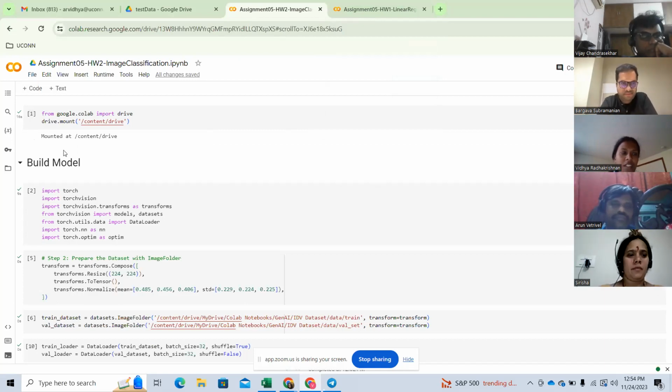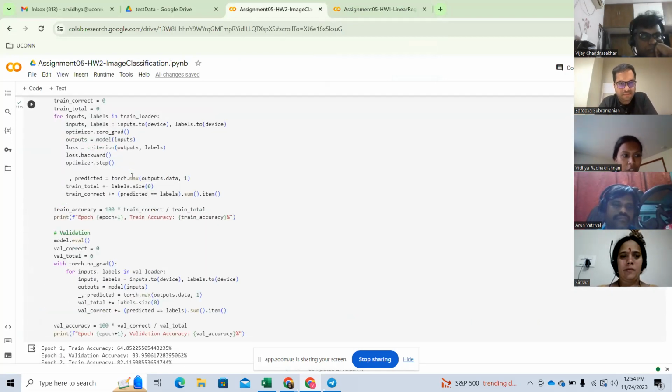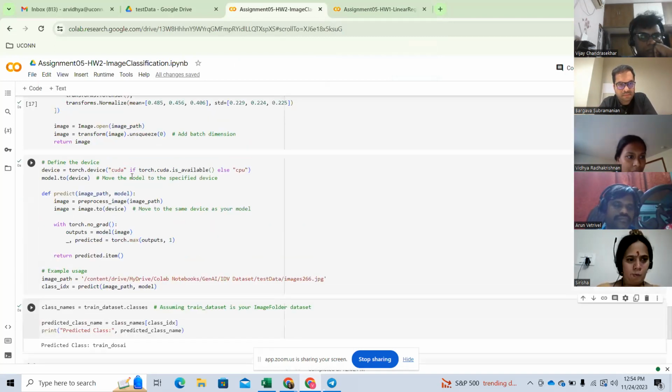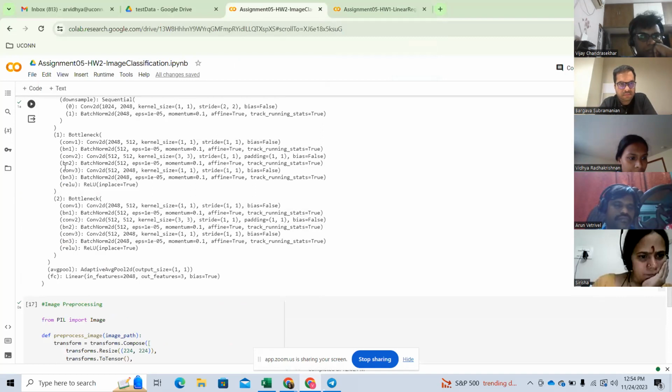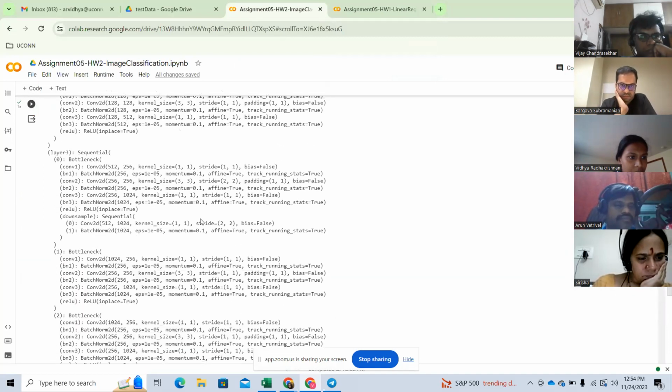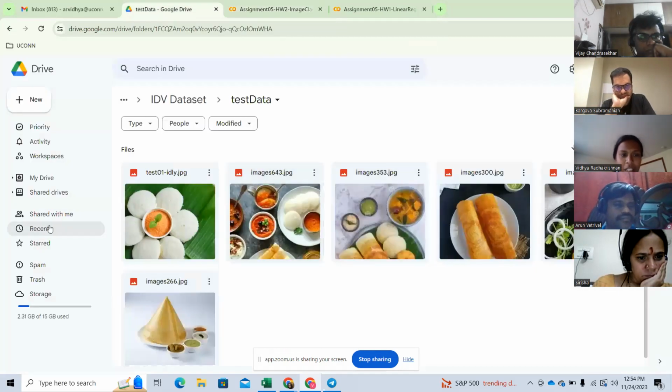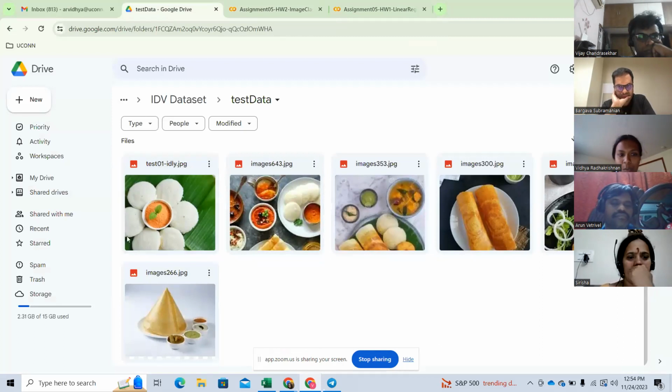Yeah, sure. I'll just show you the output of this model first. Here is where it happens. These are the test images that I had. For the image with only idli, it was good, and for dosa it was good, and for vada it was good.